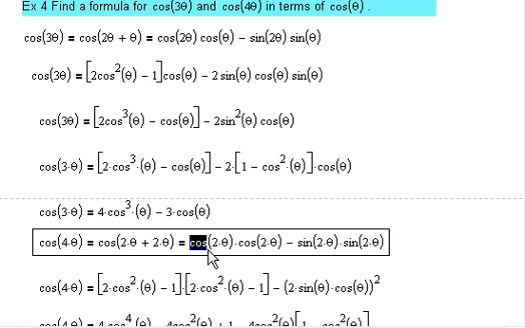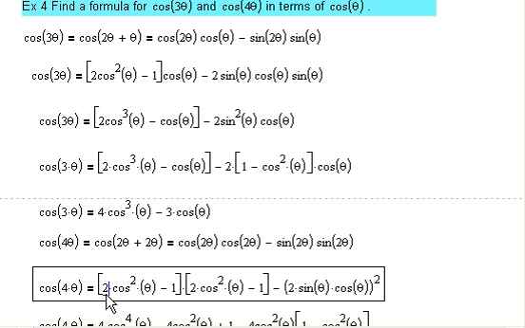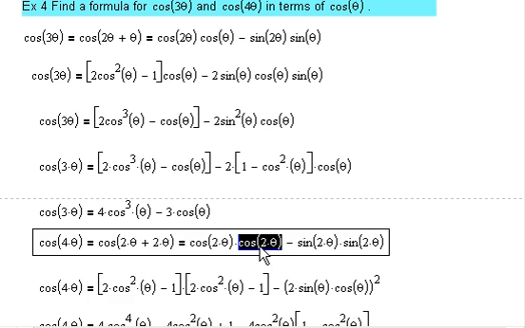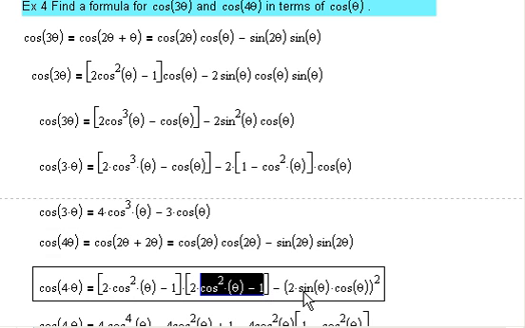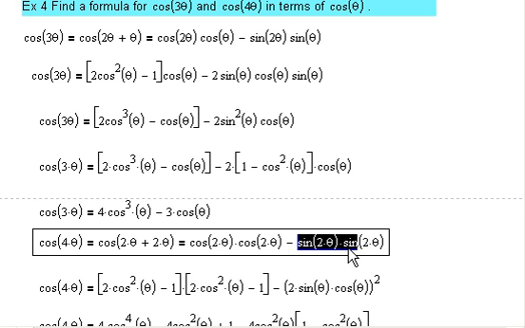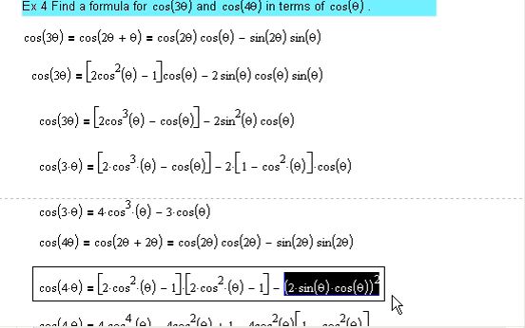And we're going to replace this cosine of 2 theta with 2 cosine squared theta minus 1. Replace this one also with 2 cosine squared theta minus 1. And we're going to change this one to 2 sine theta cosine theta, and then this one as well, so we'll have 2 sine theta cosine theta, that quantity squared.